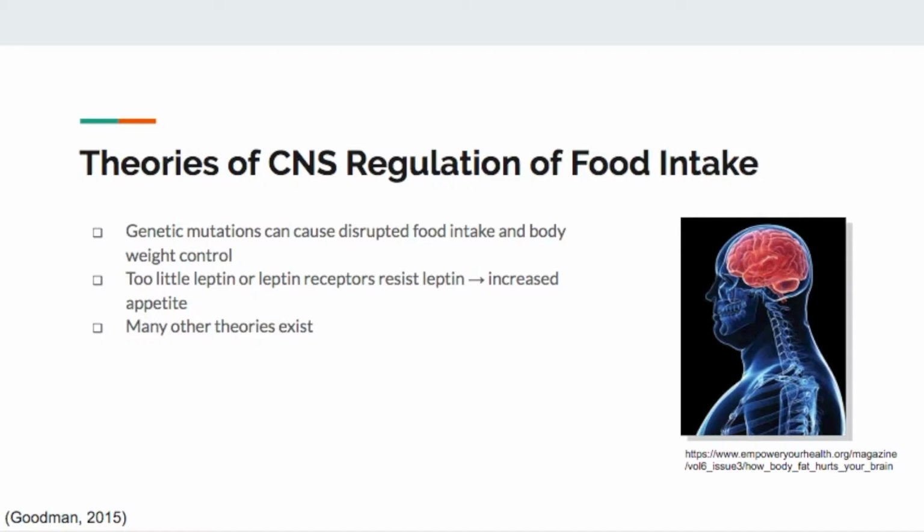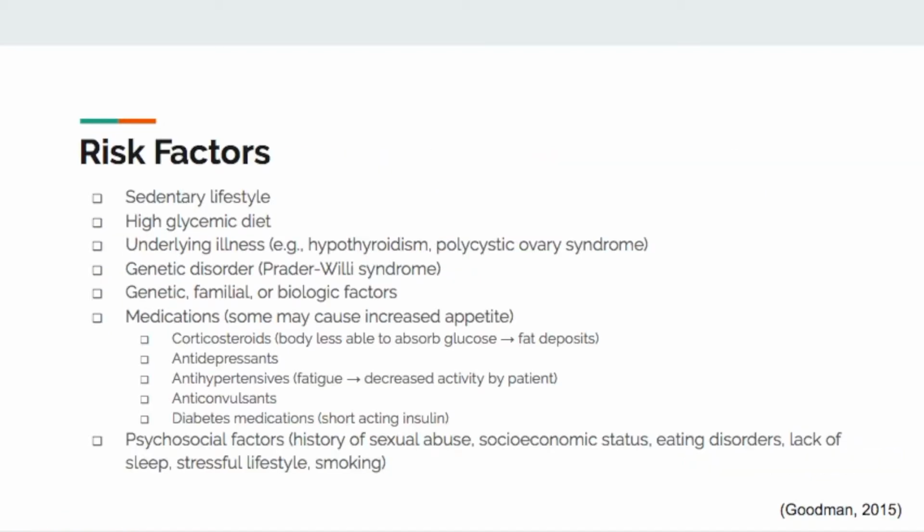Risk factors. I'm not going to read every single one of these. Obviously, a sedentary lifestyle, and any other kinds of illnesses can cause you to have a sedentary lifestyle, and therefore you can become obese. A lot of medications can lead to obesity as well, with corticosteroids being one, since they impair your body's ability to absorb glucose, which leads to fat deposits, therefore obesity.